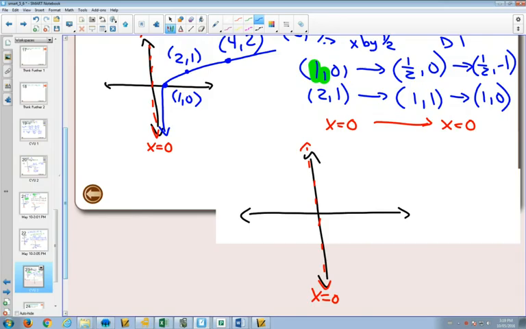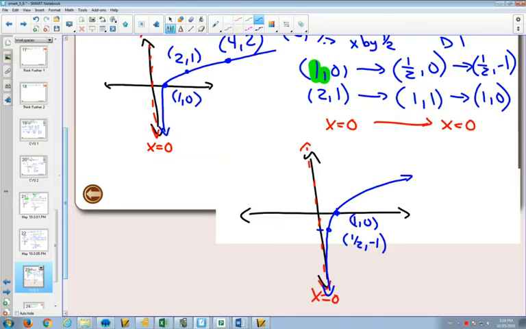We have a point at 1 comma 0, and we have a point at 1/2 comma -1. And there's our final graph.